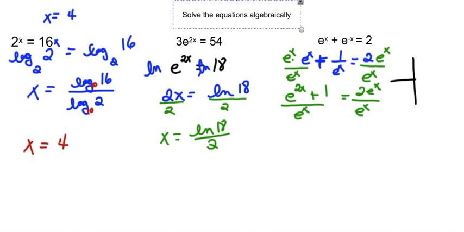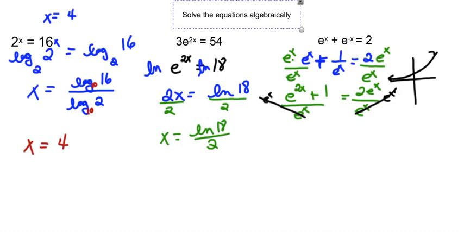I can multiply both sides by e to the x, and that's not going to change anything, because we know the graph of y is equal to e to the x is always positive. It has to be. It can't be 0. So we don't have to worry about anything being undefined. So I can multiply both sides by e to the x, and they're going to cancel.